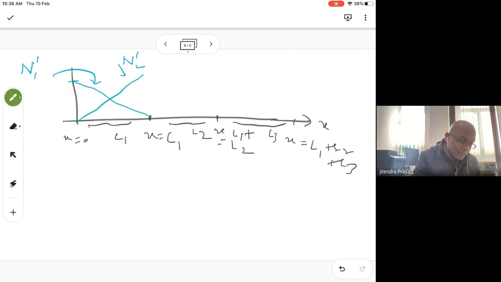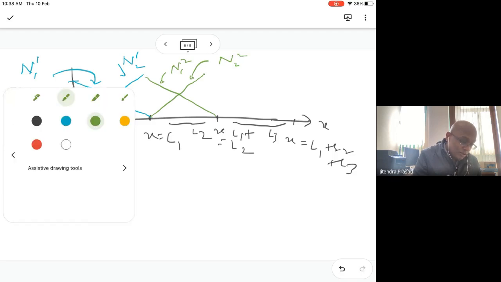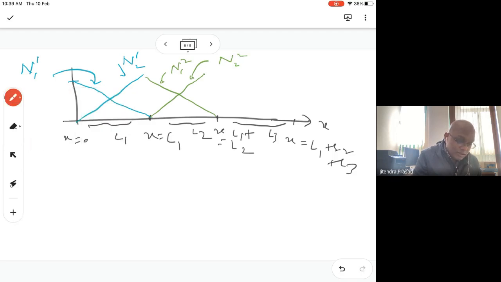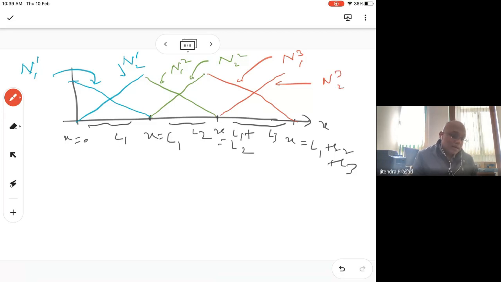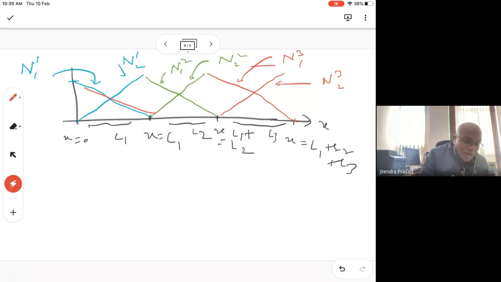Now next, here this will be N2,1, and this will be N2,2. Similarly, it goes here to here. And this is N3,1, and this is N3,2. So these are the equations, I mean, how they look like basically.